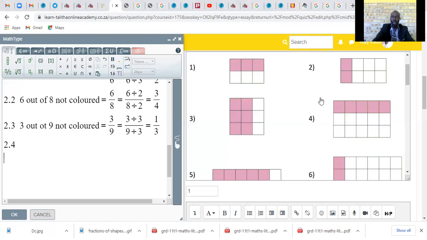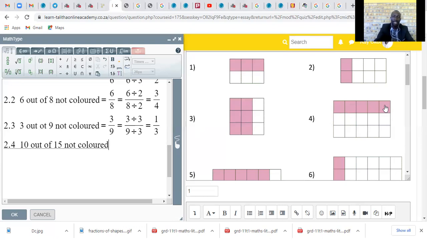So we go to 4 and we count 1, 2, 3, 4, 5, 6, 7, 8, 9, 10. So we therefore say 10 squares are not colored. But 10 out of how many? Well, 10 out of 11, 12, 13, 14, 15. So therefore we say 10 out of 15 are not colored.